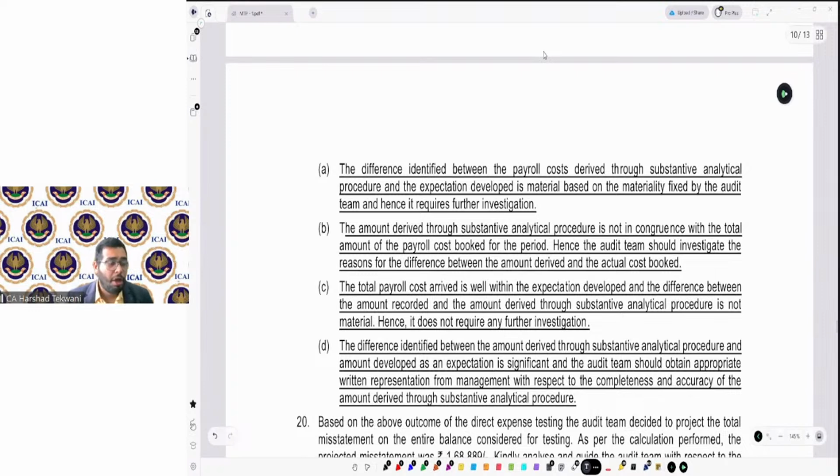Good, Namrata. But what is the reason why you will select option number C? Let's say, for example, you have selected option number C, Janvi, Sumit, Namrata. Why option C? Why not option number B or D? Why C?